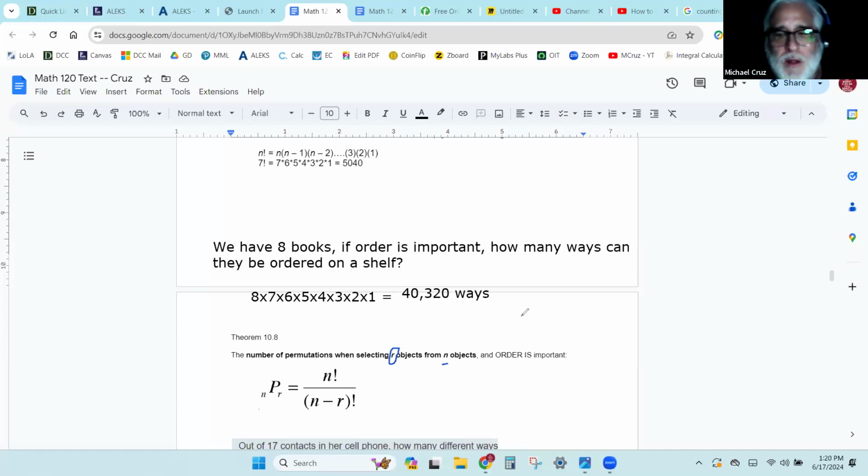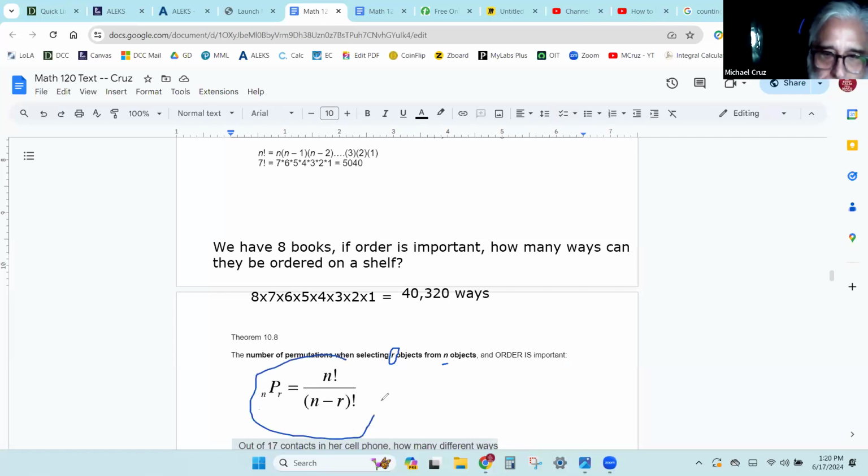Well, that's what this formula does for us. So P just means permutation. It means that order is important and that we're picking R items out of N, a smaller handful out of a total of N. And the way that we find out how many different ways there are to do that is, in the numerator, N factorial.